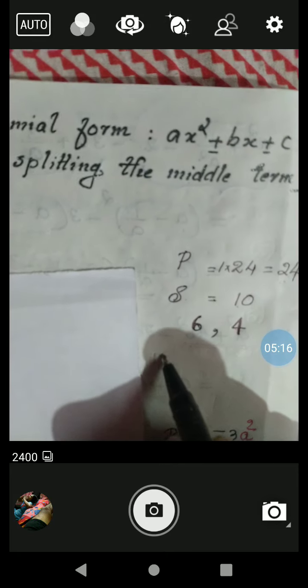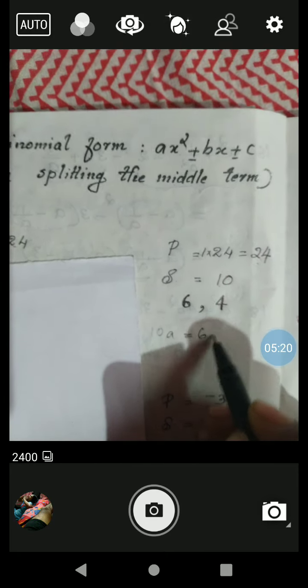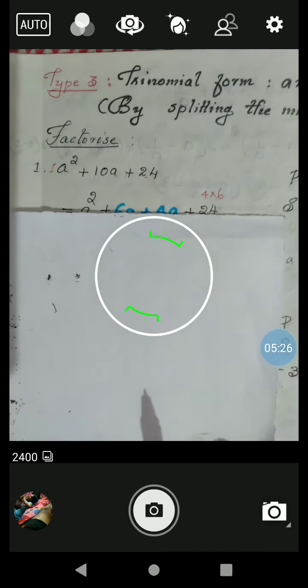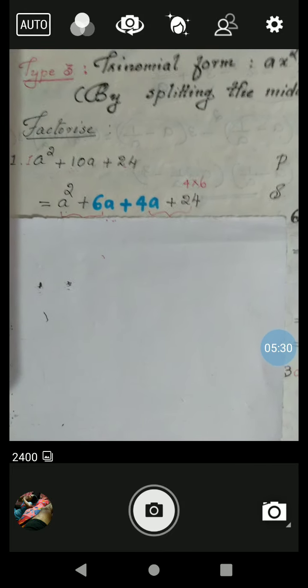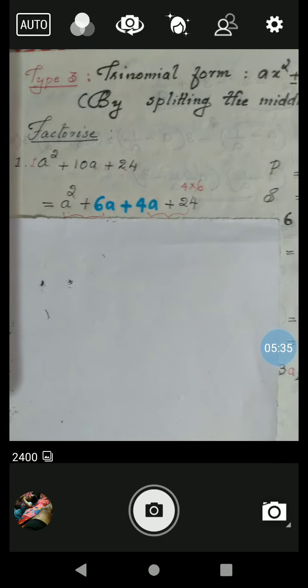So, 10a can be written as 6a plus 4a. Okay. So, the middle term can be written like this. Look here, a square plus 6a plus 4a plus 24.